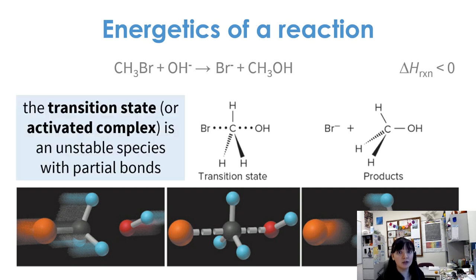This is known as the transition state, or sometimes also called an activated complex. Activated just as in it has a higher energy.